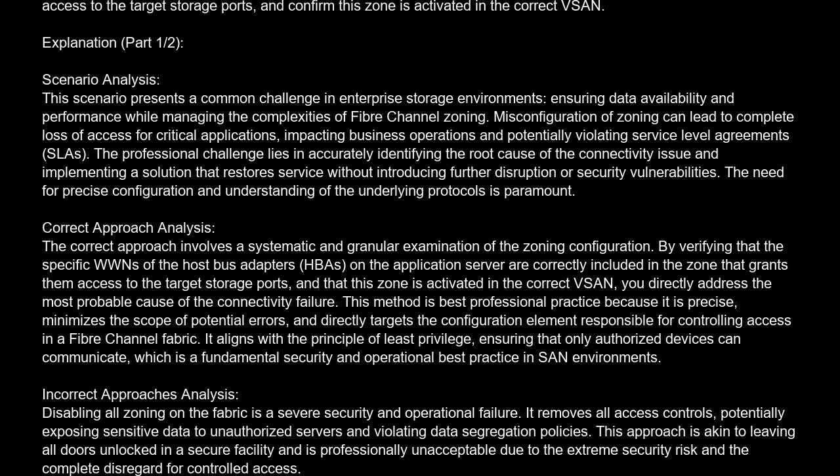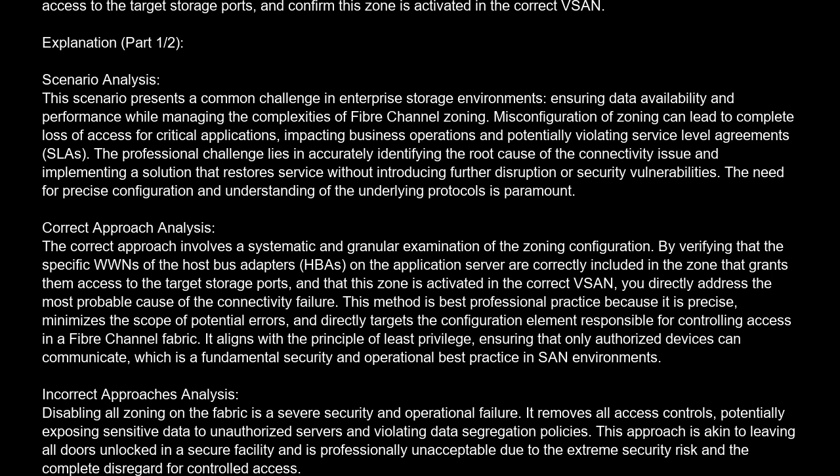Correct approach analysis. The correct approach involves a systematic and granular examination of the zoning configuration. By verifying that the specific WWNs of the host bus adapters, HBAs, on the application server are correctly included in the zone that grants them access to the target storage ports, and that this zone is activated in the correct vSAN, you directly address the most probable cause of the connectivity failure.